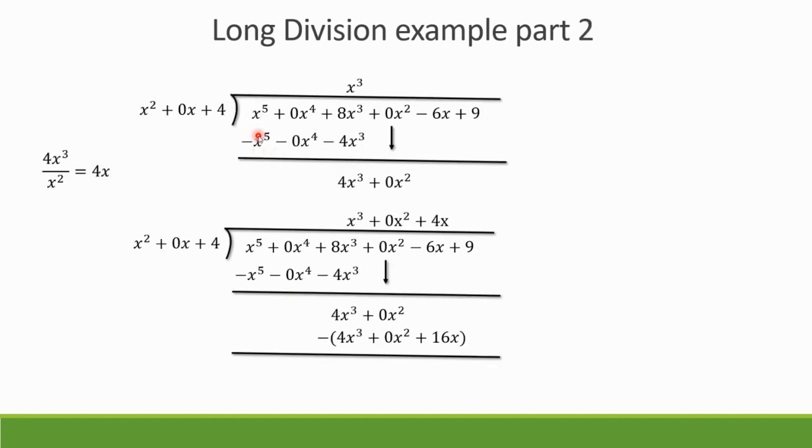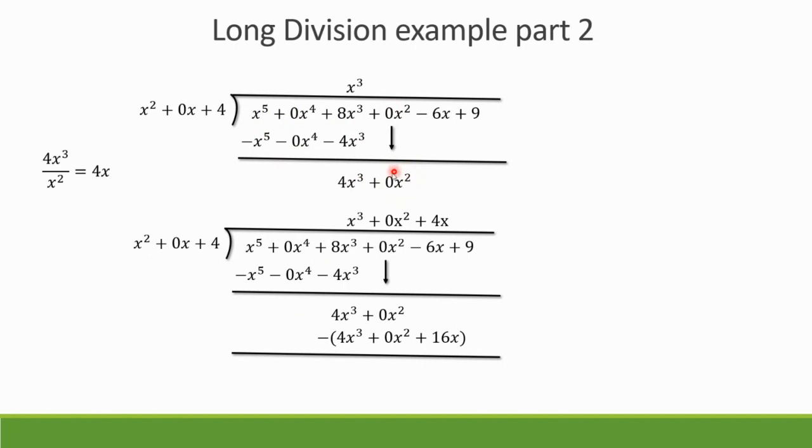Basically, the x to the 5th goes away. 0x to the 4th was really never there, but was subtracting itself, so that's gone. 8x cubed minus 4x cubed gives us 4x cubed. So now we bring down the next term, even though it's a 0x squared, we bring it down.